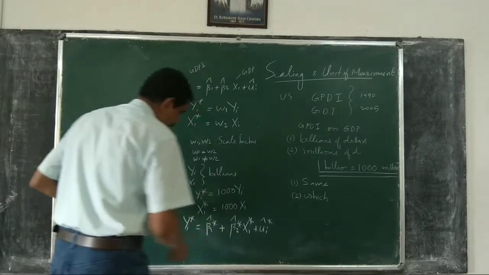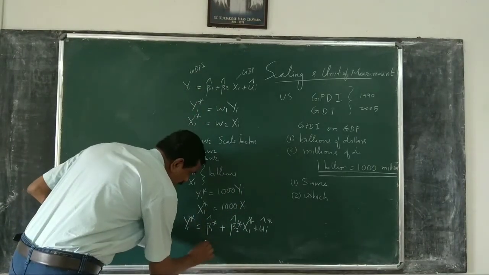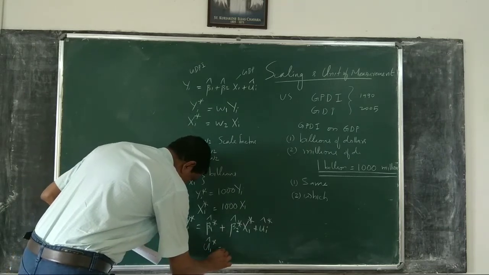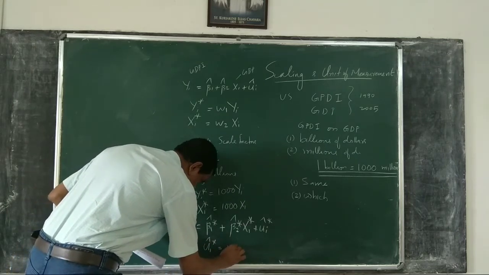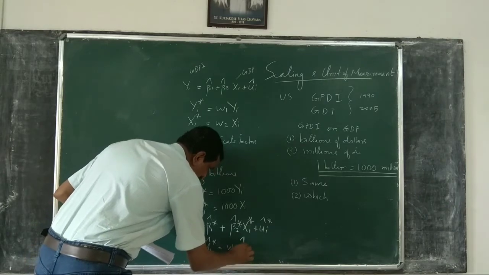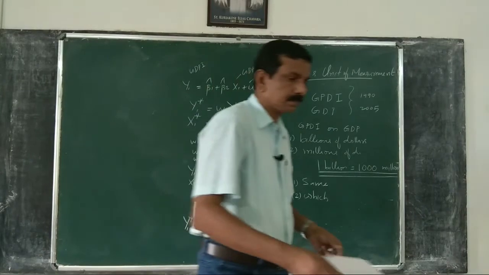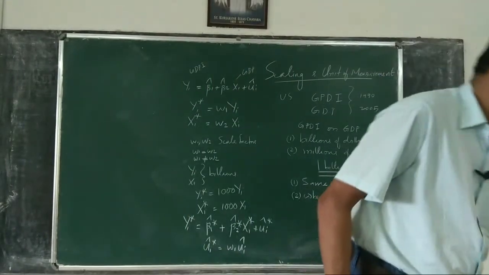The only quantity which is not defined, u hat star i is equal to W1 into u hat. The rescaled variables.